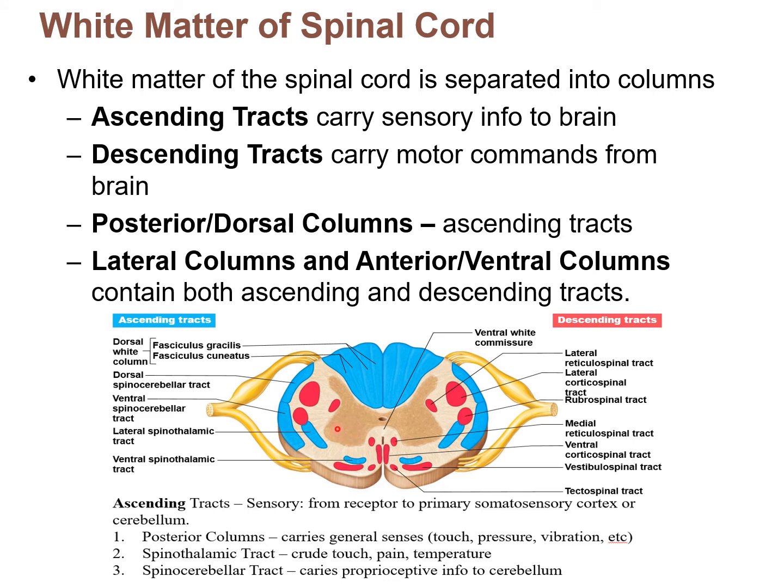Do you recall in the gray matter where anterior or ventral is motor, posterior or dorsal is sensory? Well, with the white matter, it's really all over the place. You can see descending tracts in red, that's motor. Ascending tracts in blue, that's sensory. Posterior or dorsal columns is all sensory, is all ascending tracts.